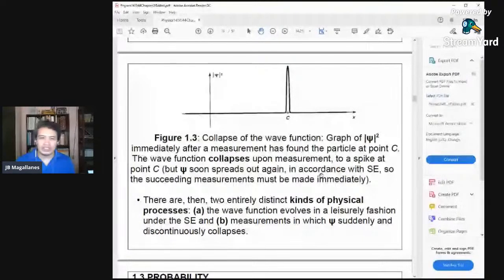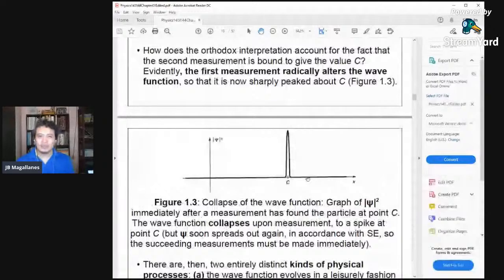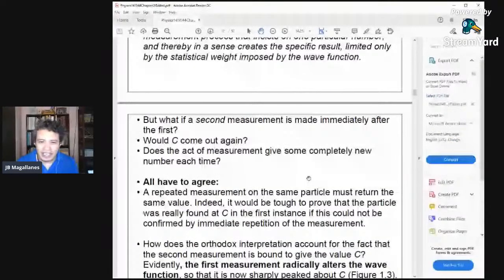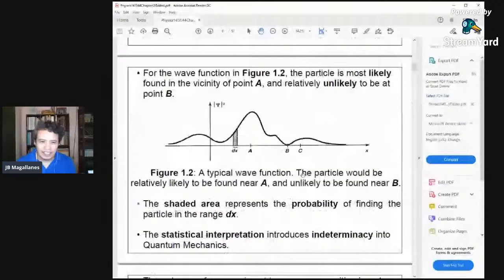The wave function is supposed to look like this one as it goes with time. By the way, I'm talking about the square of the wave function. As I say wave function, I'm talking about the square of the wave function.